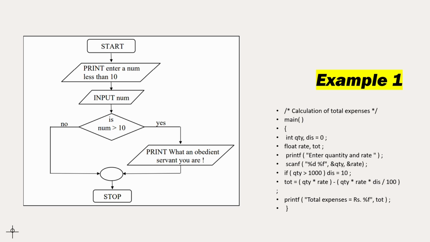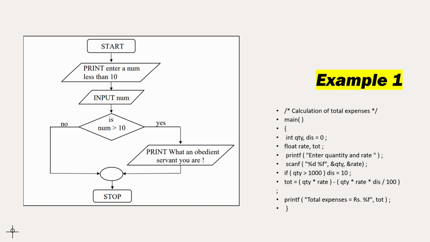Coming to the if statement, this diagram describes the program. It's so simple, right? The expression is first checked and validated. If the expression is not true, which is no, then it exits the if code. And if the expression is true, then it enters the if statement.